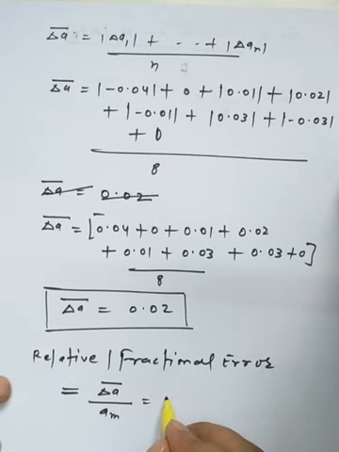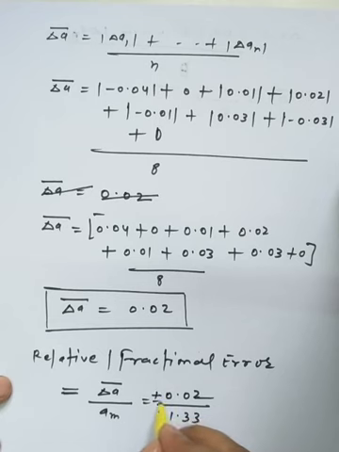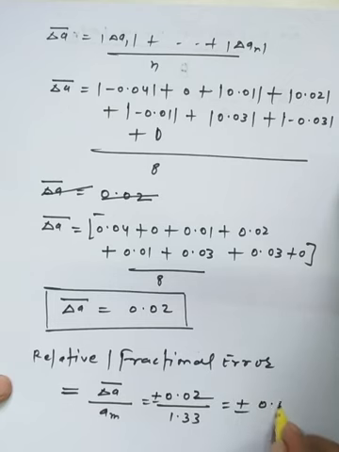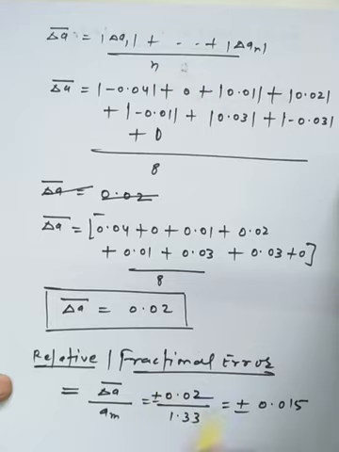So we have 0.02 divided by 1.33, and generally the error moves from plus to minus, so we use this sign. So plus minus 0.015 is the finalized relative or fractional error answer.